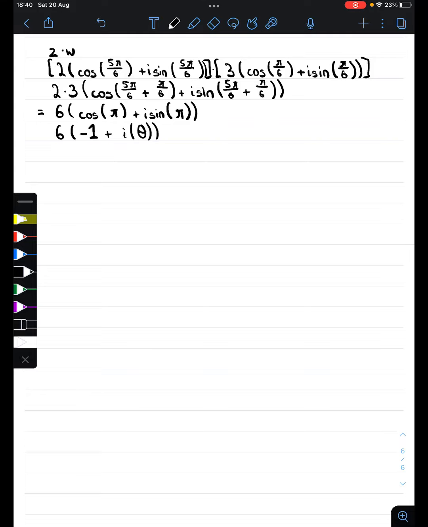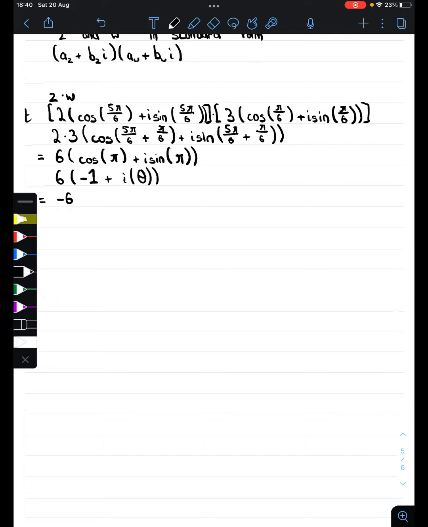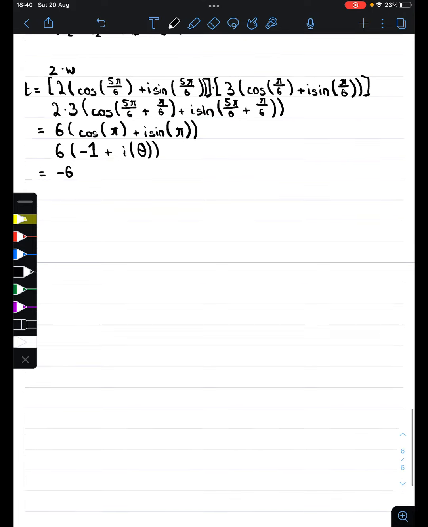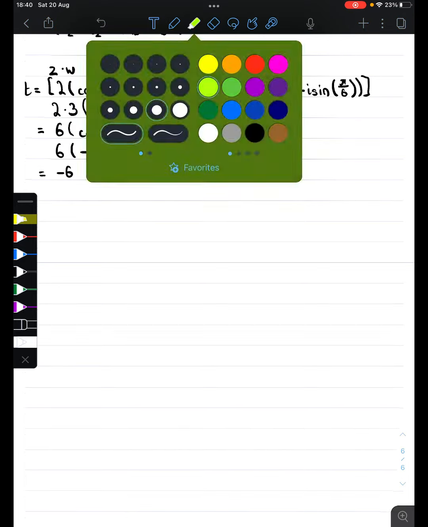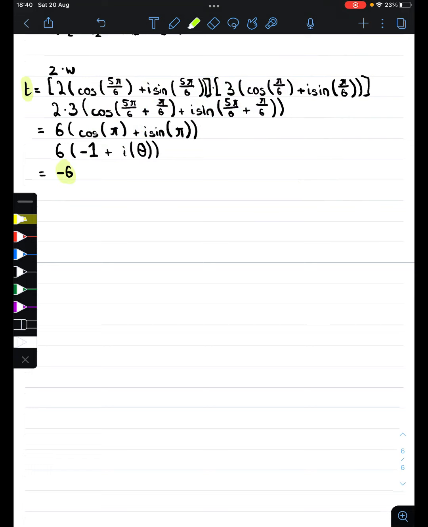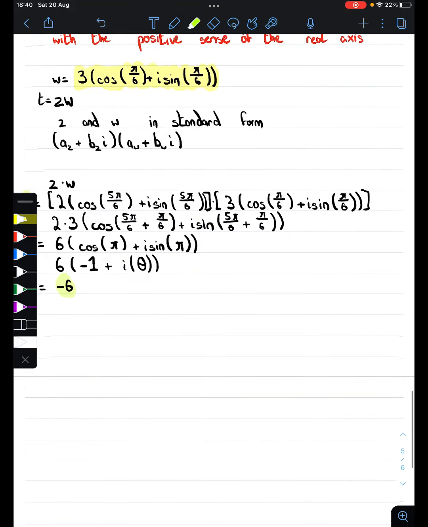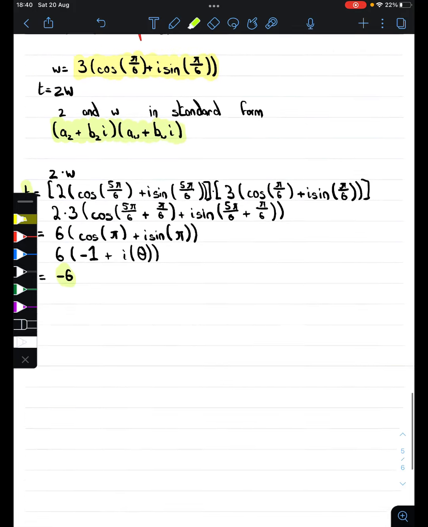So it's just minus 6. So t equals minus 6. And if you do it the other way, just multiplying both the standard forms, which would be perfectly fine, you would also get t equals minus 6.